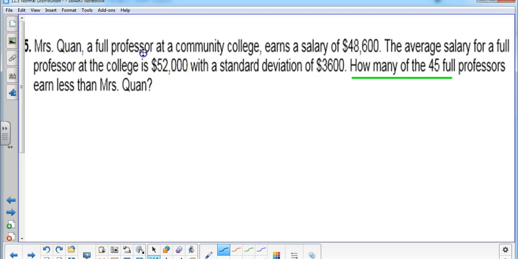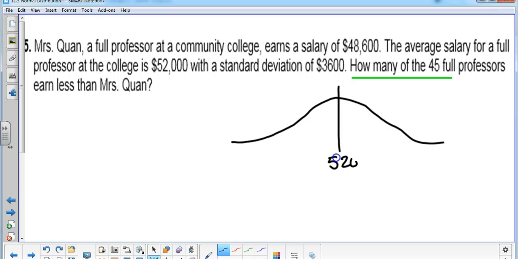Ms. Kwan, a full professor at community college, earns a salary of... and you don't need to draw. I'm just trying to keep this in mind. The mean is $52,000 of everybody. She earns $48,600. She wants to know, is anybody making less than me? Of the 45 full professors, how many earn less than she does?